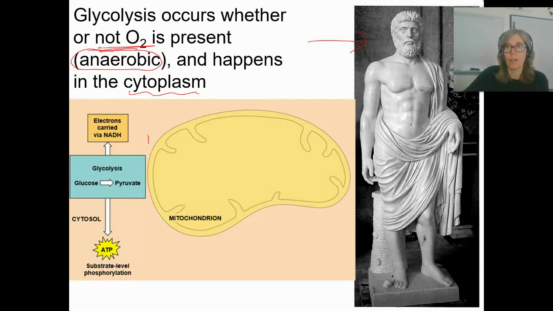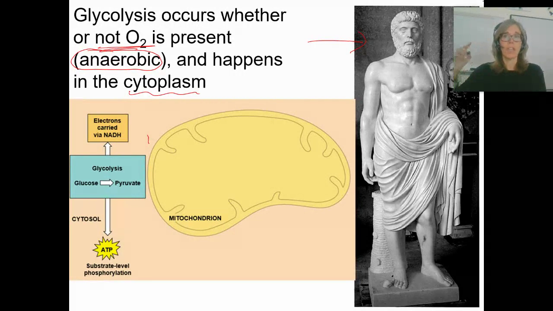So bacteria, archaea, all the different eukaryotes. Everybody does glycolysis. Not everybody does aerobic cellular respiration. There are bacteria that do fermentation. Yeast do fermentation. There are bacteria that only do anaerobic cellular respiration, but we're talking about the process of aerobic cellular respiration right now. It starts with glycolysis, and I'll just say everybody does glycolysis.